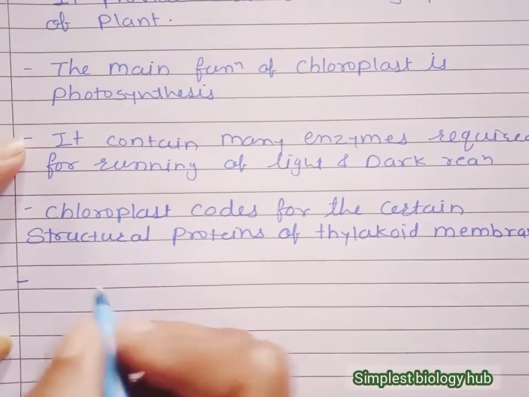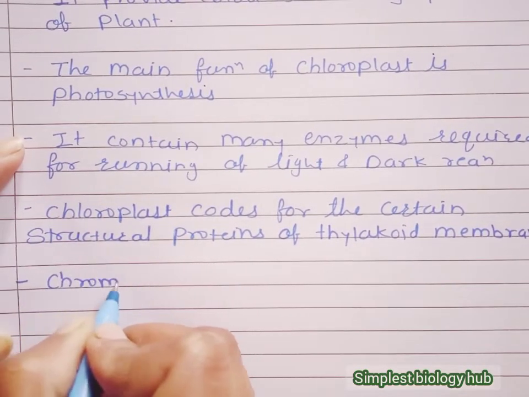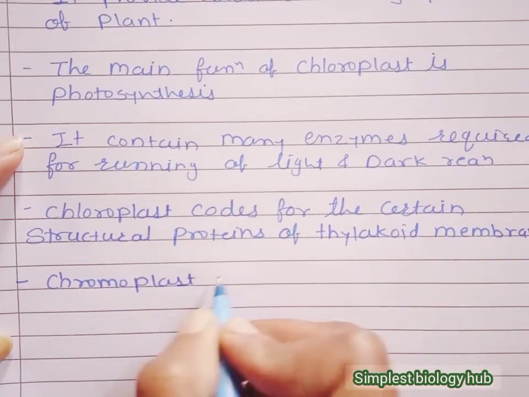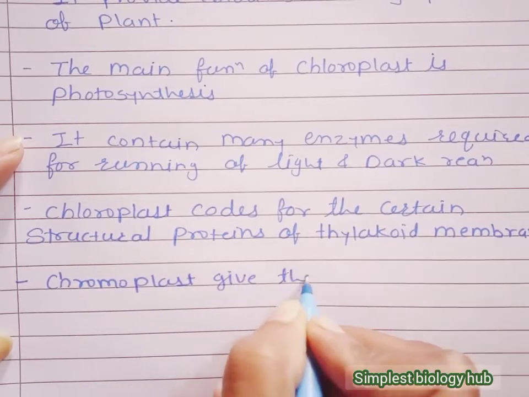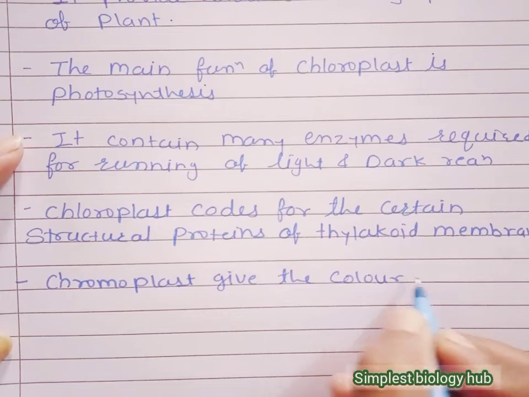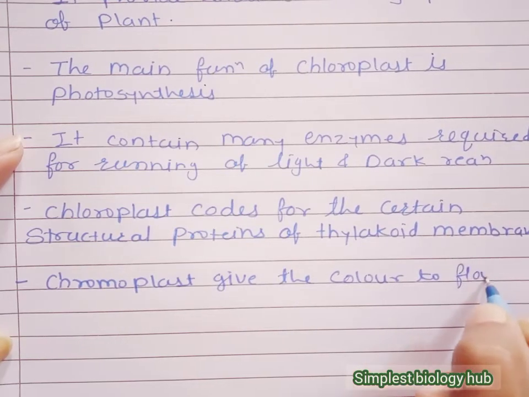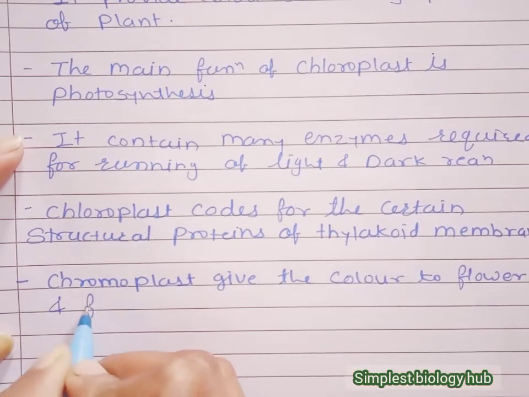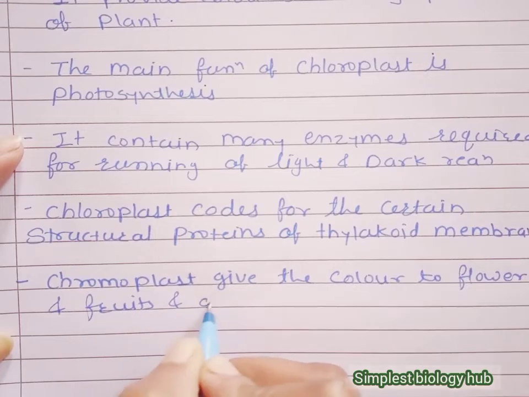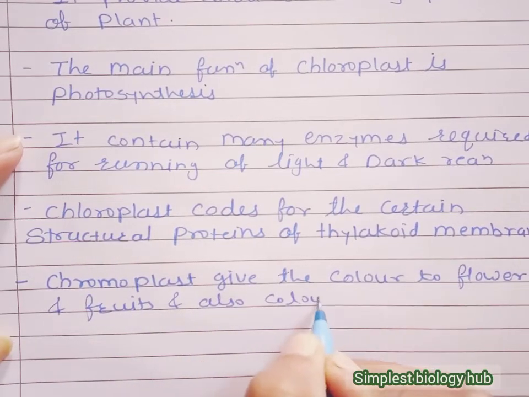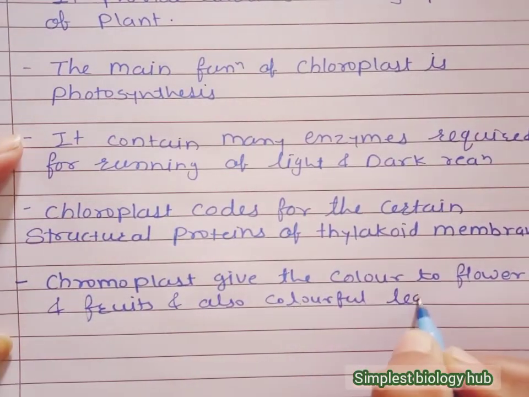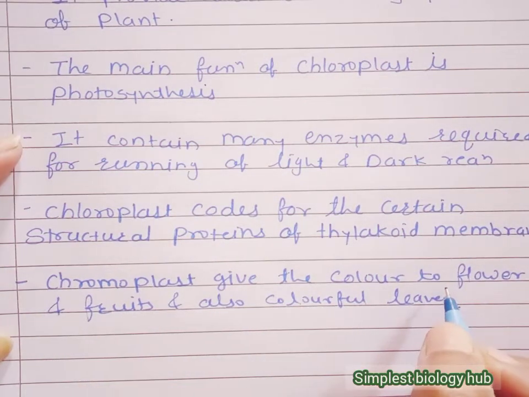Then chromoplast gives color to the flowers and fruits. Other than flowers and fruits, some colored leaves are also present in some plants, and that color is also due to the presence of chromoplast in those leaves.